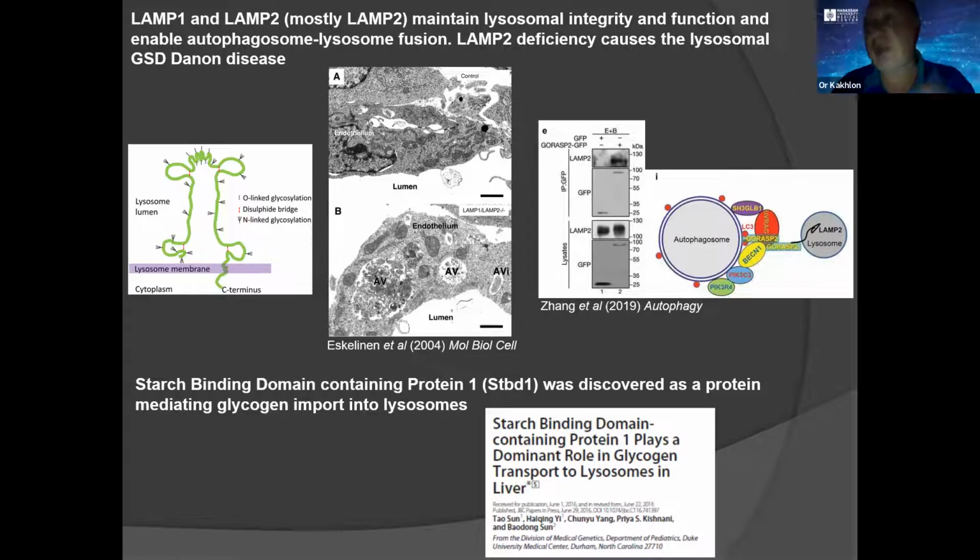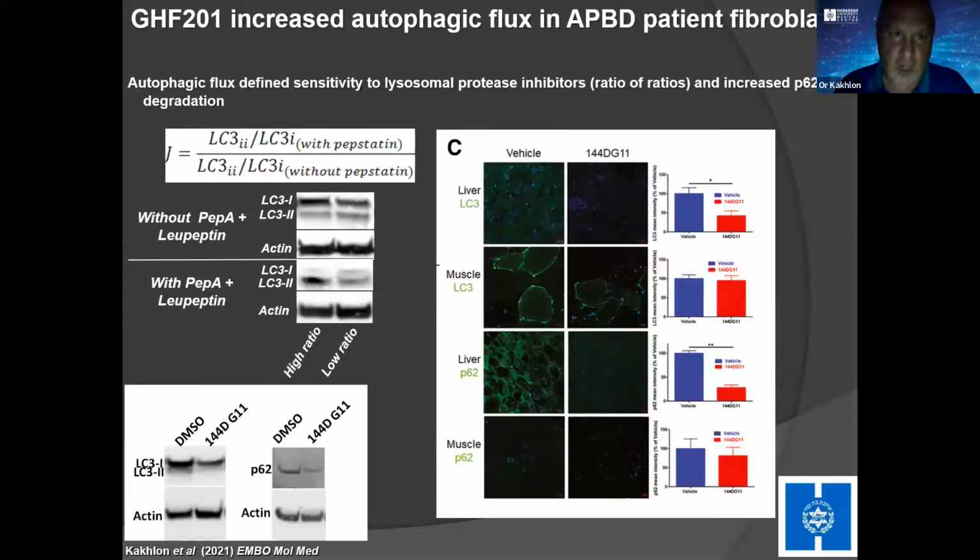Okay, and since we found glycogen in lysosomes, as I showed before, we thought that this is the pathway by which it can be degraded, or activation of autophagy, or fusion between autophagosomes and lysosomes. So this actually activates or increases the autophagic flux. So we measured that directly.